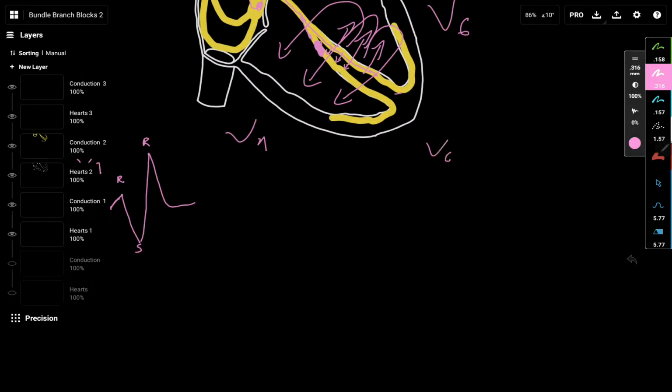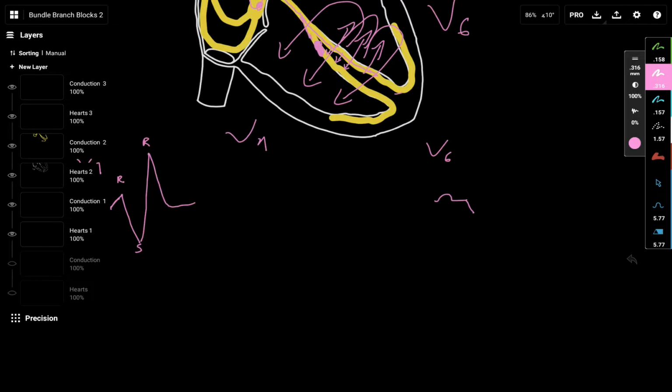What's going to happen in V6? Well, let's just have a look at the same, right? So we said the initial process, it's not different, is it? So I'm going to have my left bundle branch that's going to try to transfer the signal across to my right bundle. Okay, so it's going to travel away. So it's going to be a negative deflection to begin with.